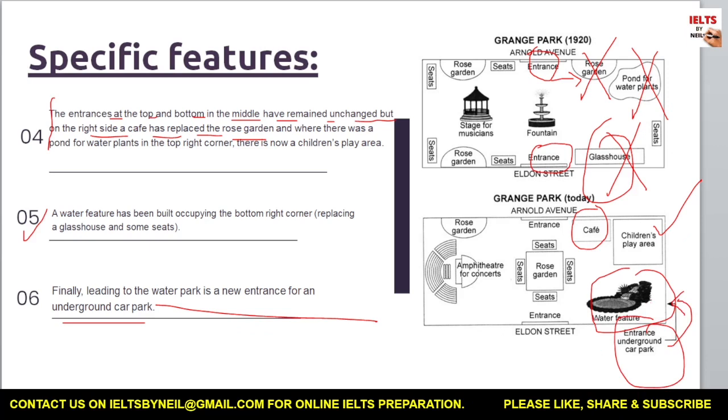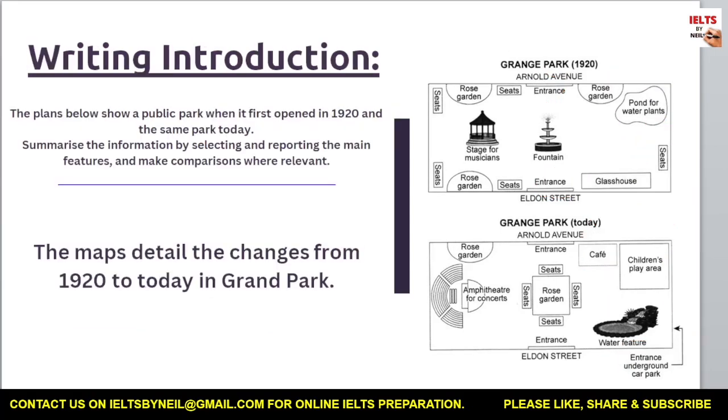Now what we're going to do is the general changes or the general features, we're going to mention it in the overall statement, and the specific features, or the detailed information, we will mention it in the body paragraph. Introduction will be just the paraphrase of the question statement. So let's begin to write this one. So this is the introduction, okay, this is the question statement. So basically it's just telling us about the park which was opened in 1920 and how it looked today.